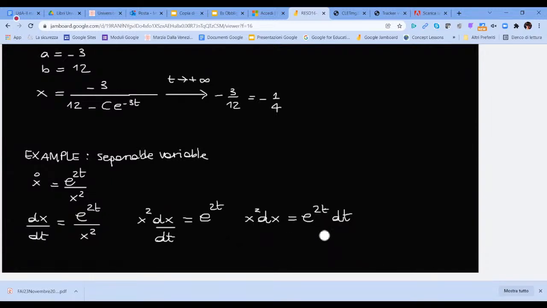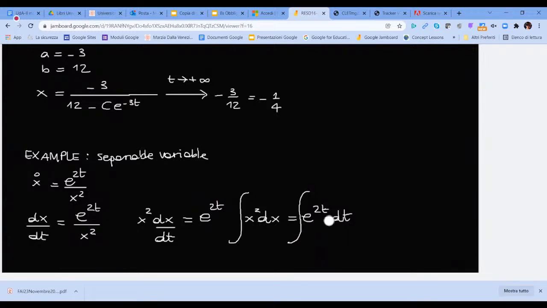Like you separate these two variables, and now you can integrate and use the dummy variable x on the left hand side and the dummy variable t on the right hand side.